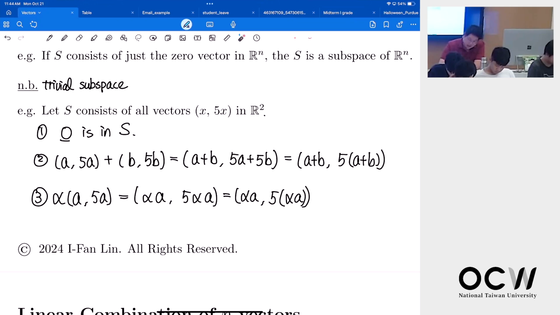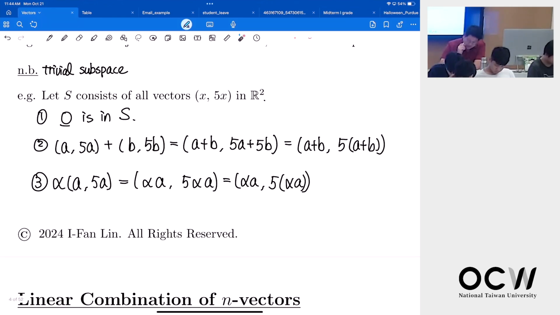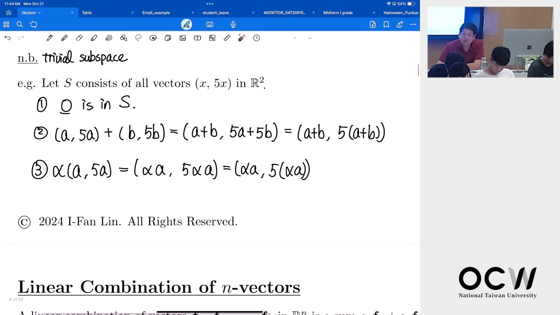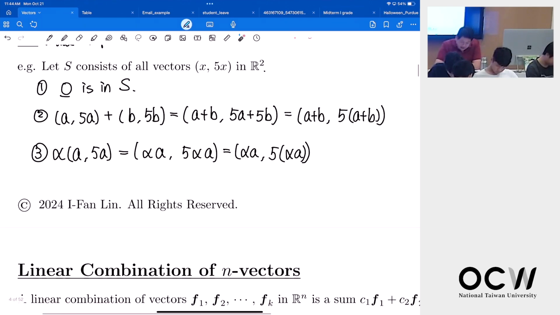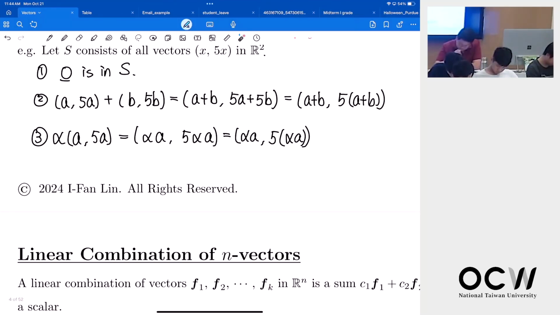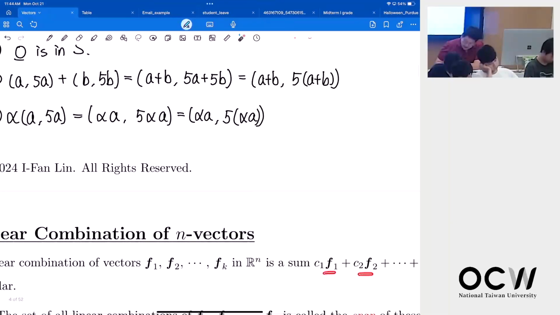Next, we are going to talk about the linear combination of many vectors. Here we say n vectors. So if I have k vectors in Rn, what is the linear combination of these k vectors? A linear combination means that for each vector, I multiply by a scalar Cj.